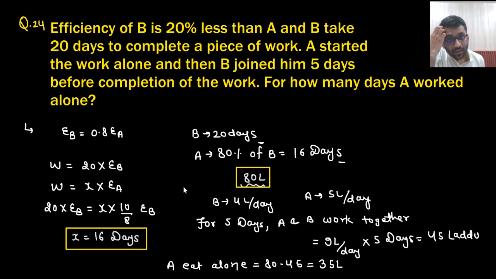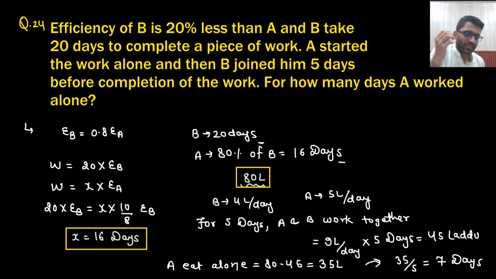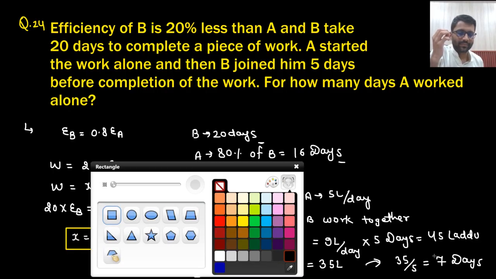And for how many days did A work alone? A was eating 5 laddu per day. So how many days would it have taken him? 35 by 5. That means 7 days. So for 7 days A worked alone.